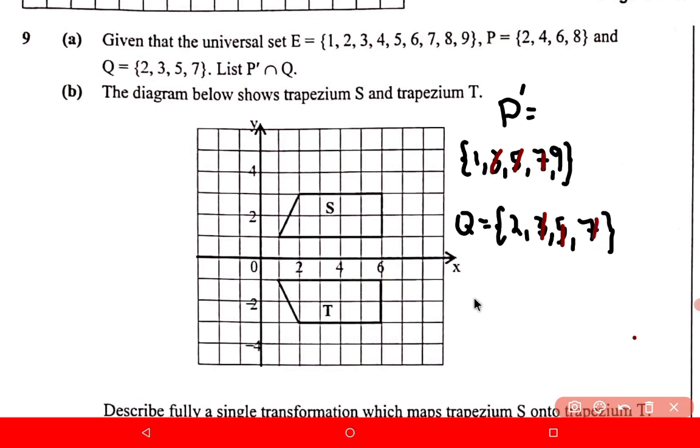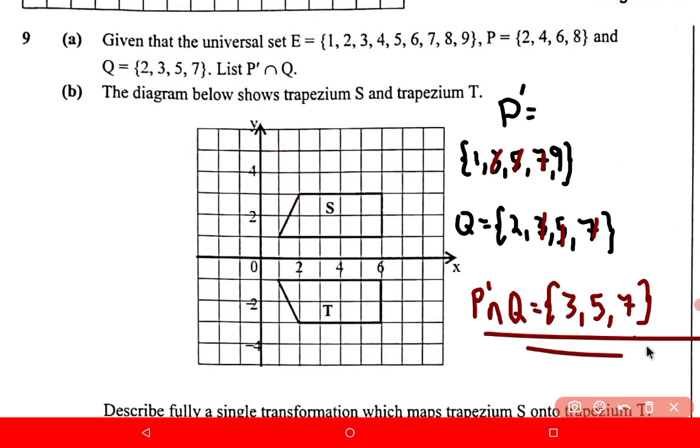So we can then say P complement intersection Q is equal to 3, 5 and 7. This is the answer for this particular part.